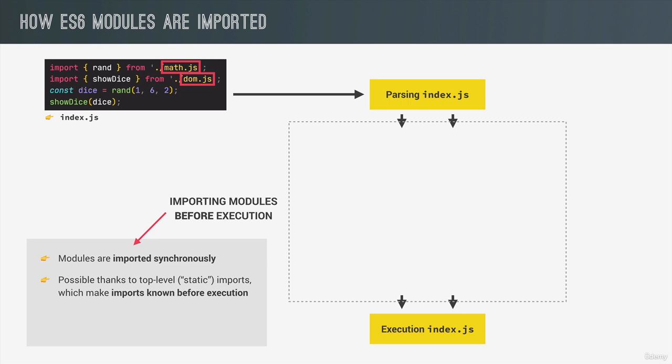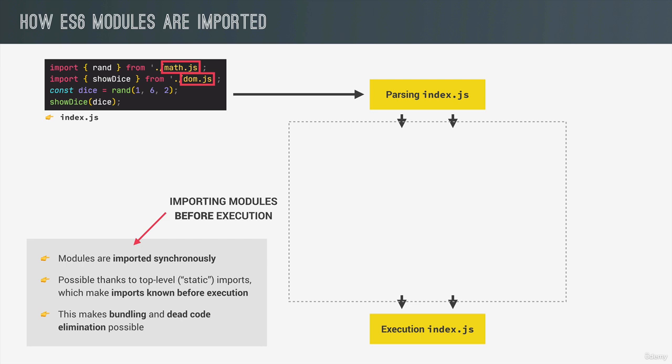But you might ask, why do we actually want modules to be loaded in a synchronous way? Isn't synchronous bad? Well, the answer is that this is the easiest way in which we can do things like bundling and dead code elimination. So basically deleting code that's actually not even necessary. And trust me, this is very important in large projects with hundreds of modules, and that includes third-party modules, from which we usually only want a small piece and not the entire module.